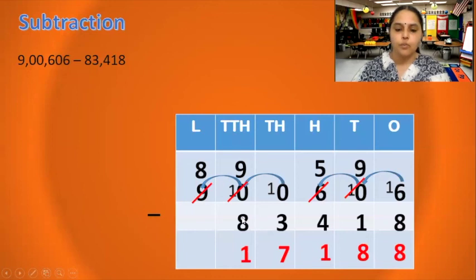It is 1. And do we have anything to subtract? No. So we will just bring down that number. So when we subtract these two numbers, we get the answer 8,17,118.